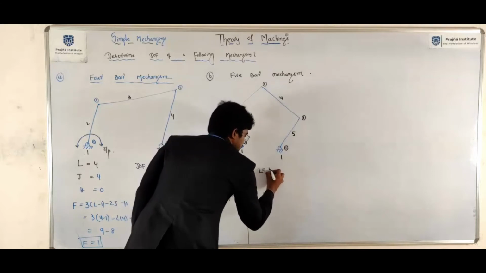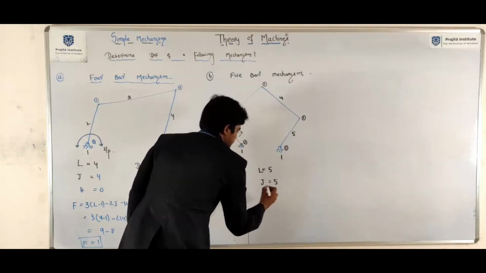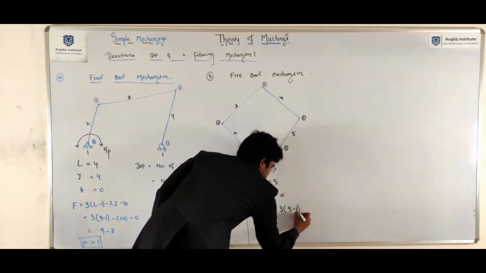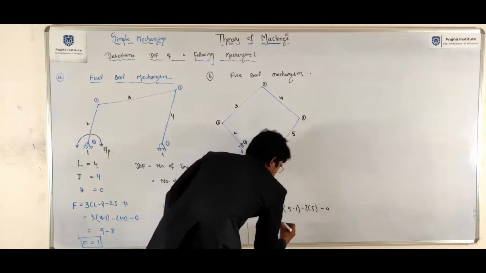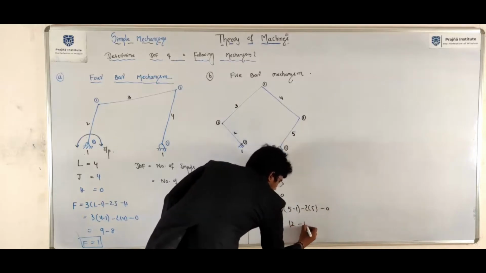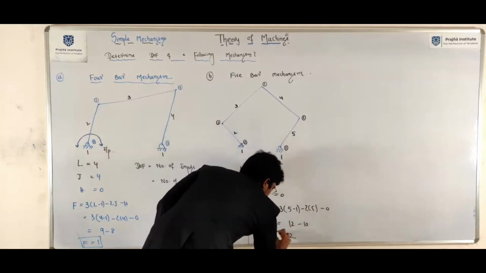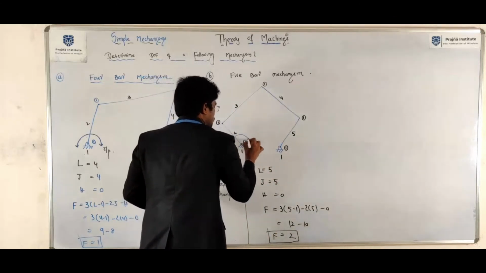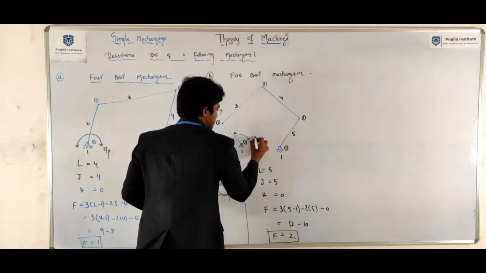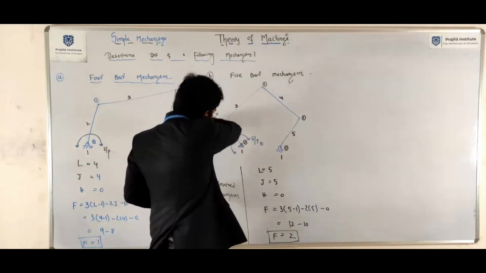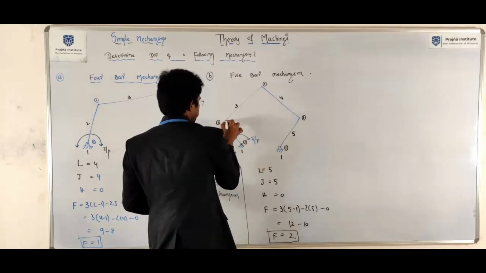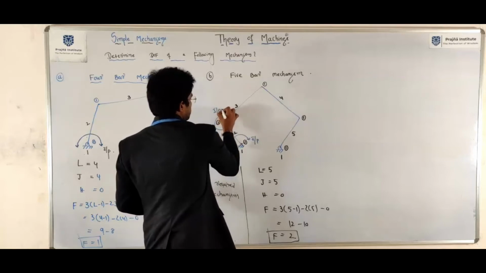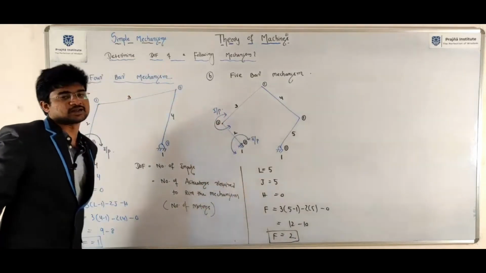Number of links 5, joints 5, H equal to 0. 3 into (5 minus 1) minus 2 into 5 minus 0, that is 12 minus 10 equals 2. F is equal to 2, which means 2 inputs. So 2 inputs are required to run the mechanism.